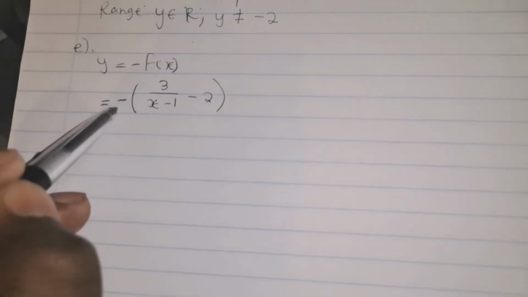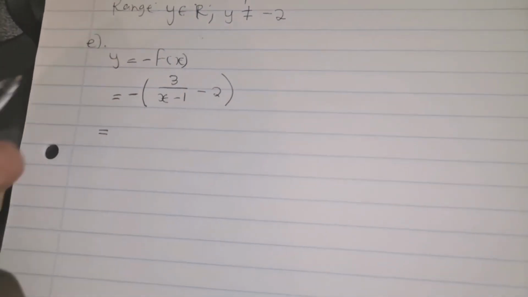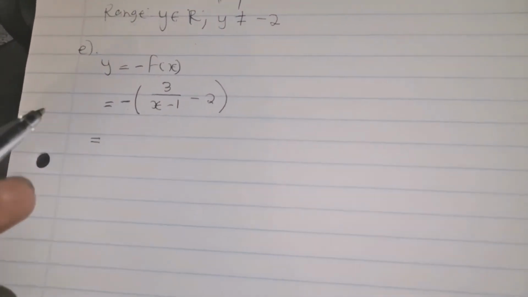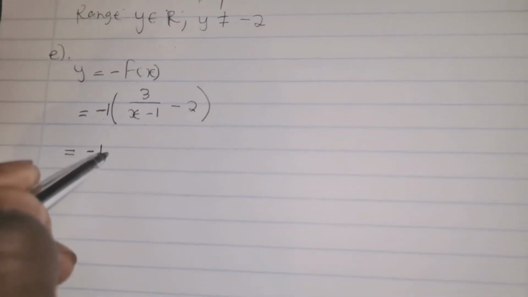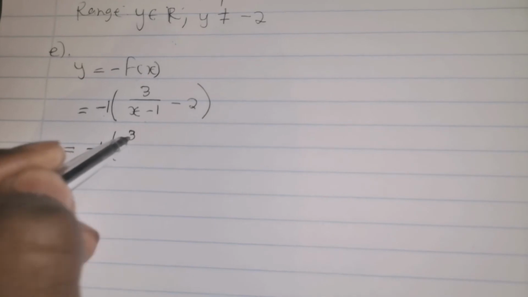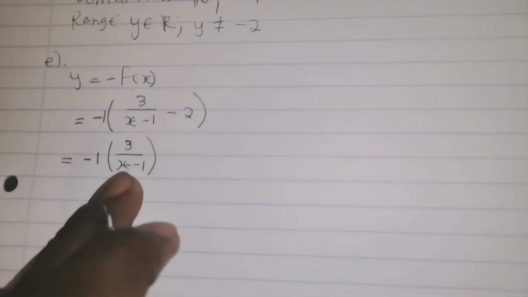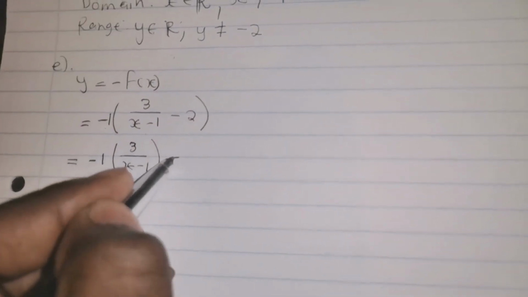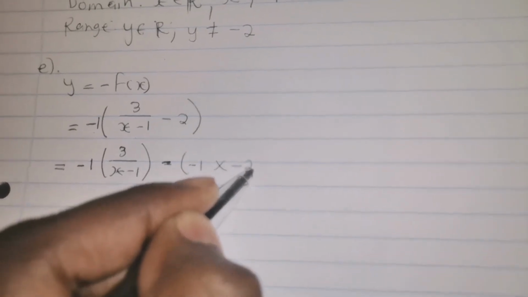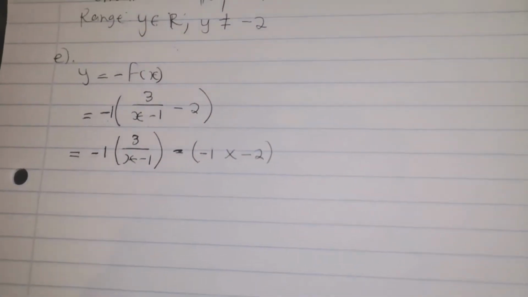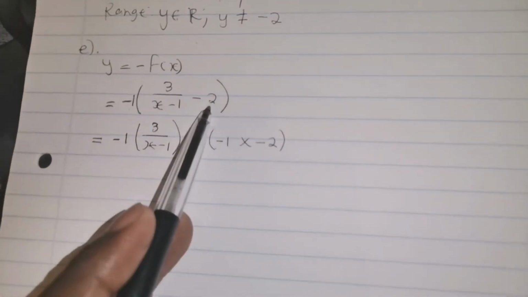You multiply this negative by each term inside the bracket. Then negative, the invisible 1 again, multiplied by 3 over x minus 1, minus negative 1 multiplied by negative 2. Can you see, guys? This negative 1 is going to multiply this term, and this negative 1 is going to multiply this term again.